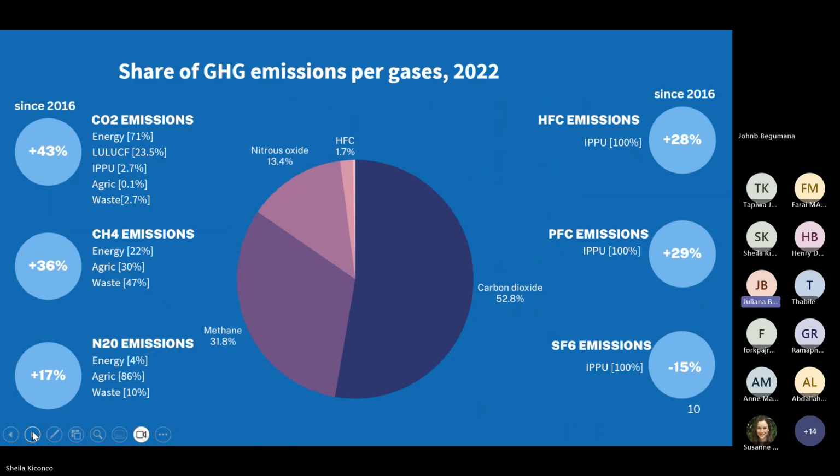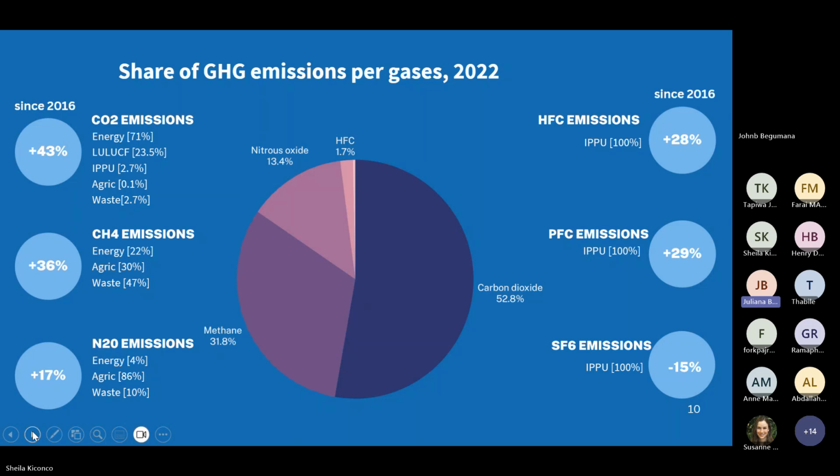Again, this slide shows the share of GHG emissions per gas. We have CO2 being the highest, contributing about 43%, followed by methane at 36%.